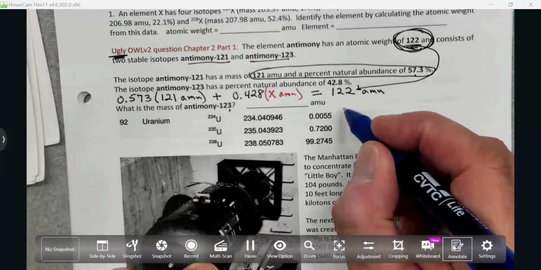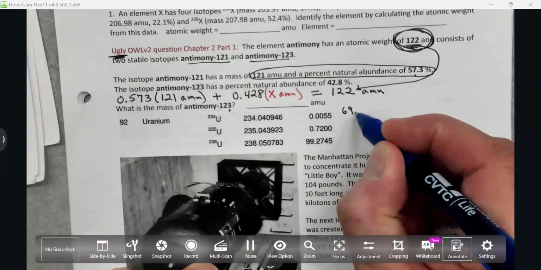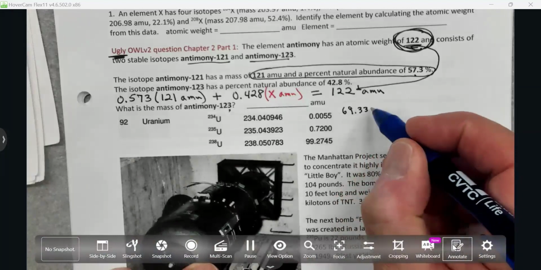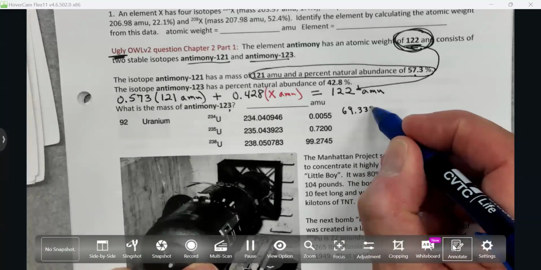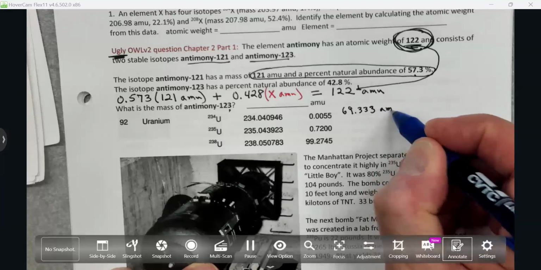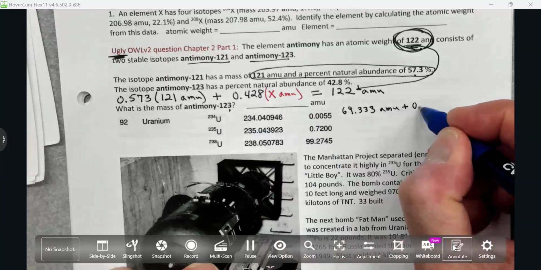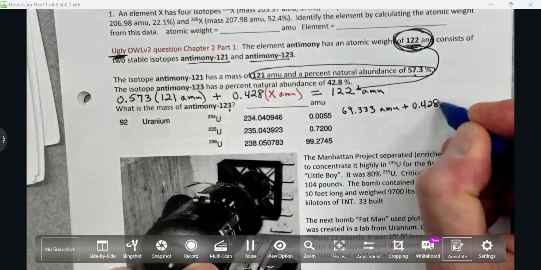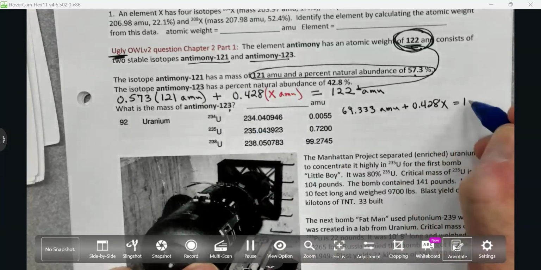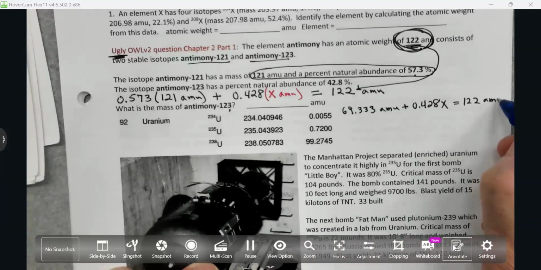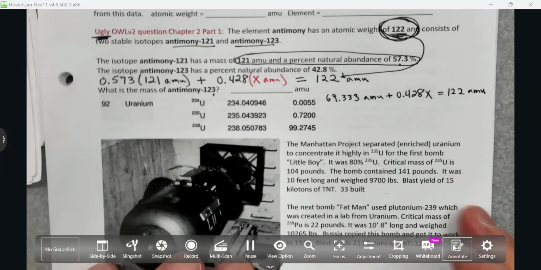So we'll solve it right here. So this gets us 69.33 AMU plus 0.428x equals 122.